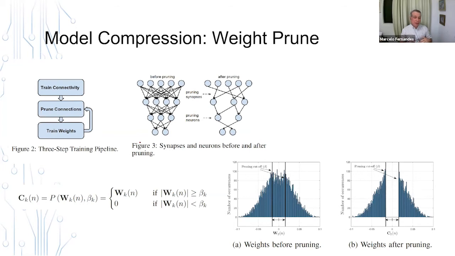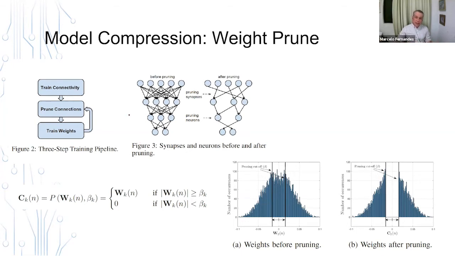You can do pruning on each neuron or by connection, and there are many strategies that you can use to decide whether to remove a connection or not.